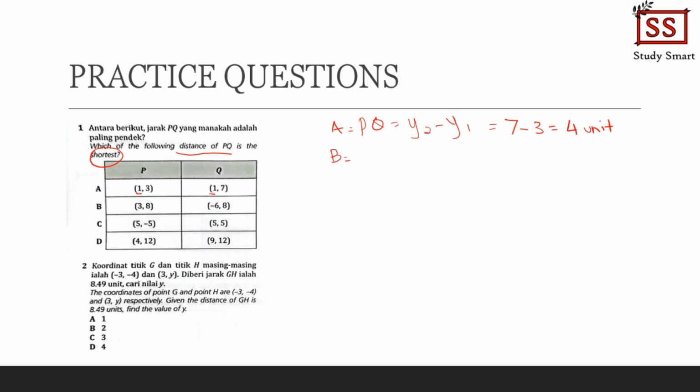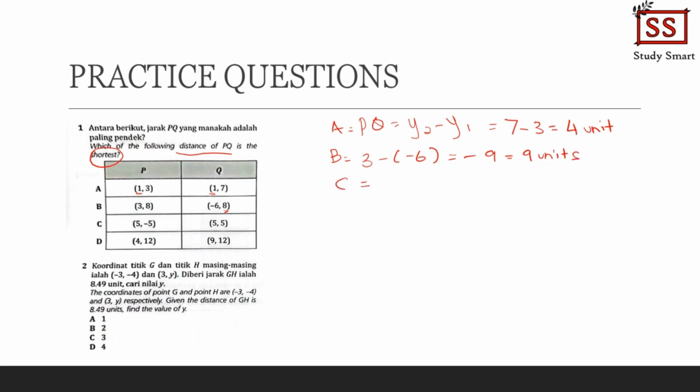For answer B, the values given are (3, 8) and (negative 6, 8). Your y coordinate is similar, so you need to subtract your x coordinates. So 3 minus negative 6, your answer will be 9 units.